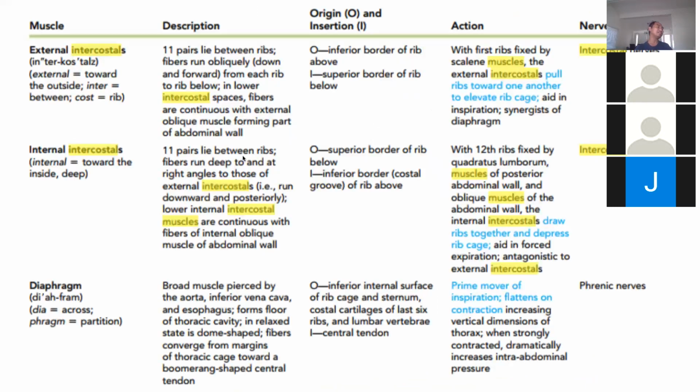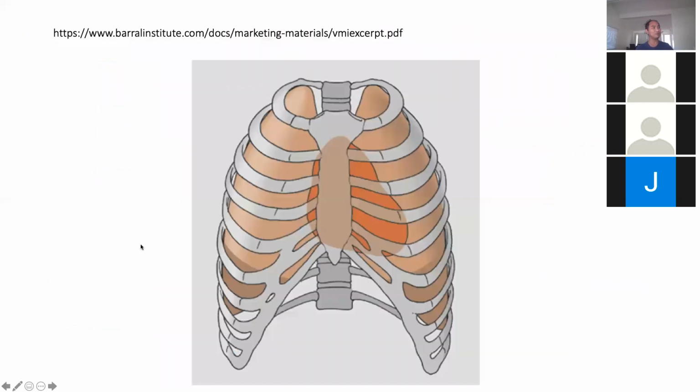And these are the muscle attachments. So external intercostal, internal intercostal, innermost intercostal. There is one more layer, which our textbook doesn't mention. And the diaphragm. Of course, these muscles will become important with the muscles of respiration.